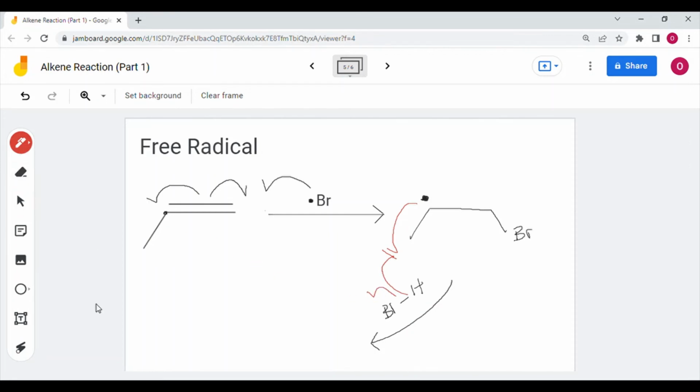So once that happens, we're now going to create a molecule that looks like this. Right? And if you really want, you can draw the hydrogen here. I'll do so just to show you. But remember that we also have free bromine radical in the solution, which can be used to also propagate other alkene molecules, like so.